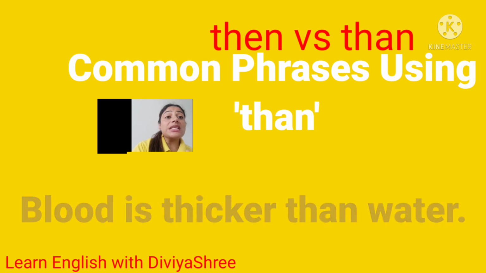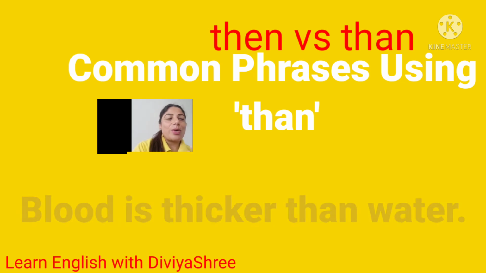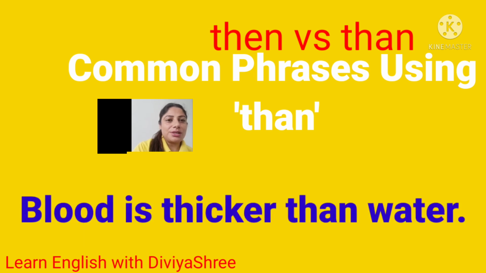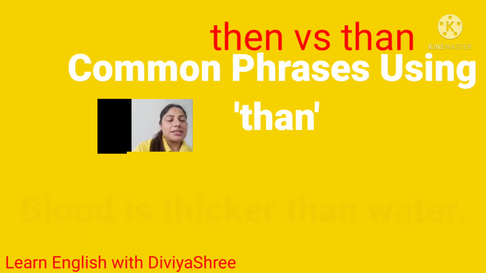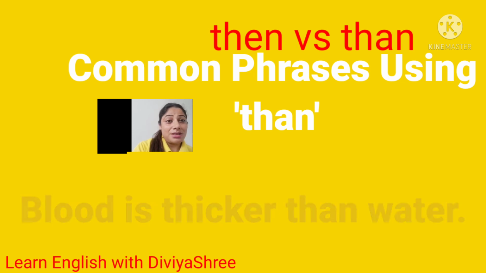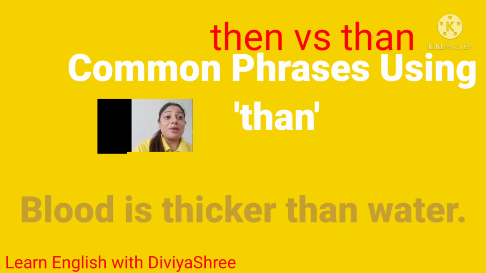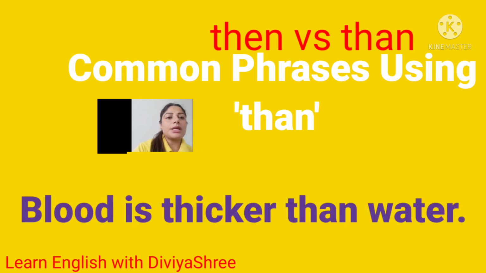When there is some conversation going on and someone says he can't betray his family because they are his blood, a blood relation. So when something like this happens, you can say blood is thicker than water, family is the most important thing.